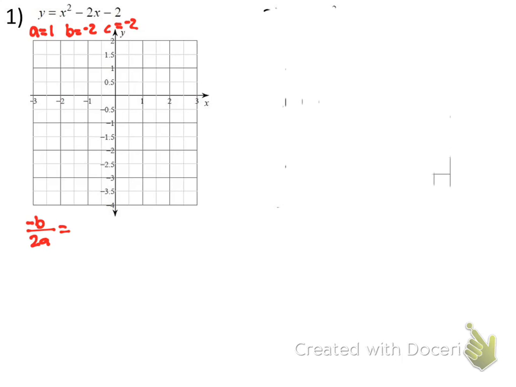Our b is negative 2, so it's a negative negative 2 over 2a. Our a is 1, so it's 2 times 1. So it's positive 2 over 1, which is just positive 2.